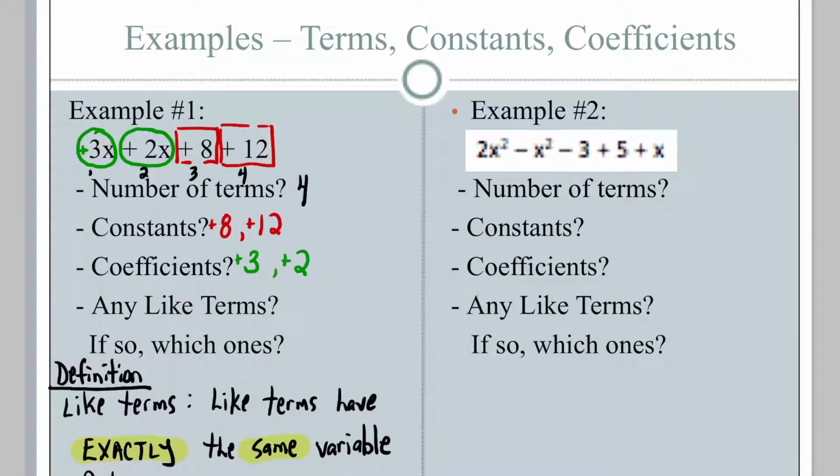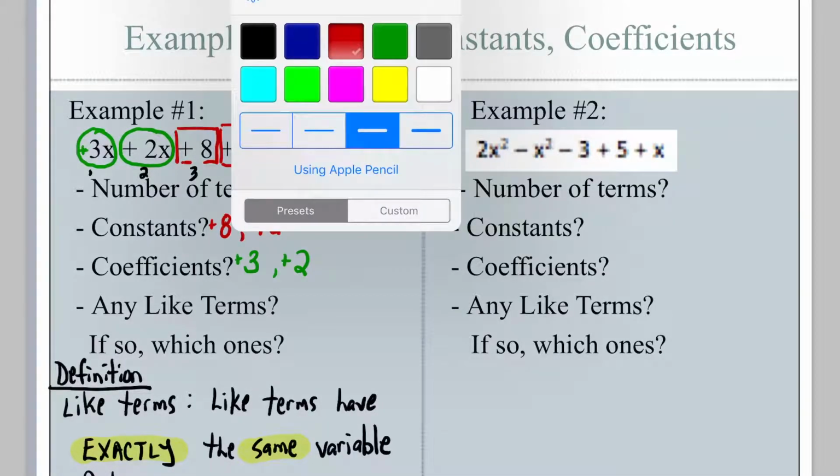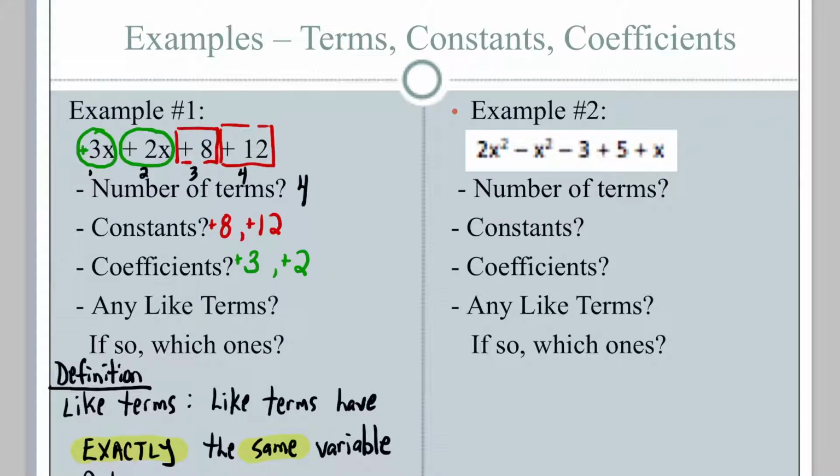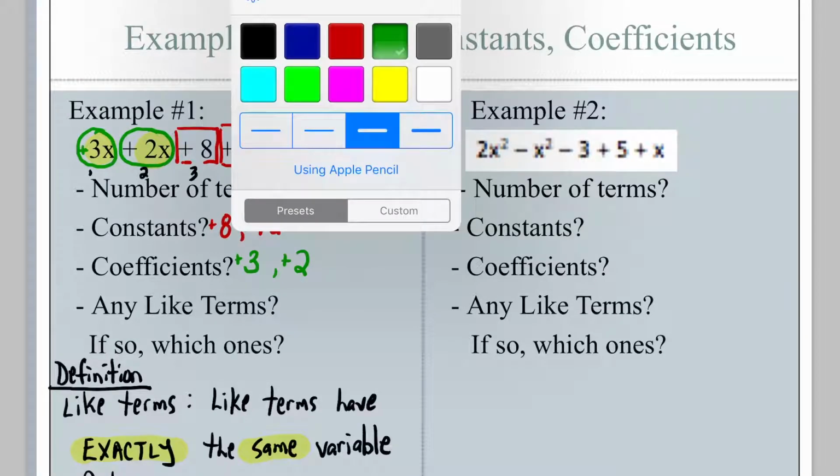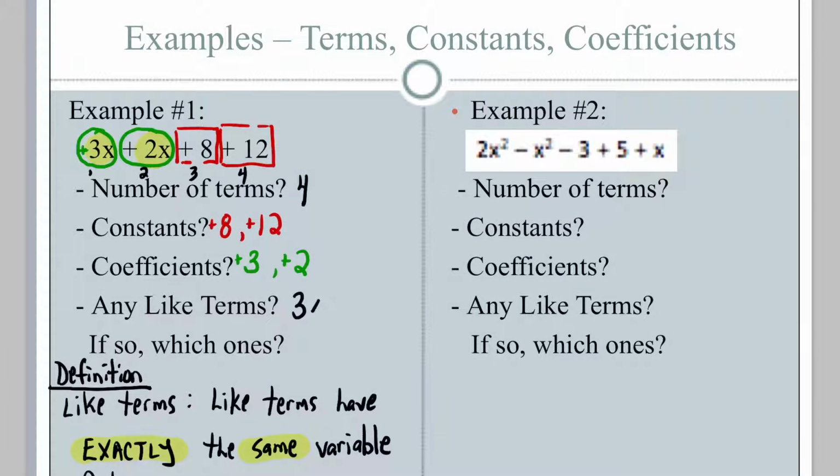Looking at the expression above, there are two terms that have variables: the 3x and the 2x. Both of them have an x, and they are both raised to the first power. Therefore, we can say that the 3x and the 2x are like terms. They have the exact same variable raised to the exact same power.